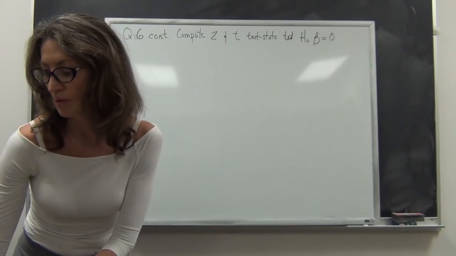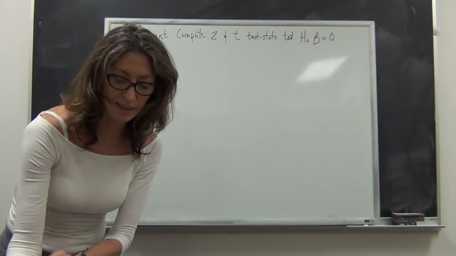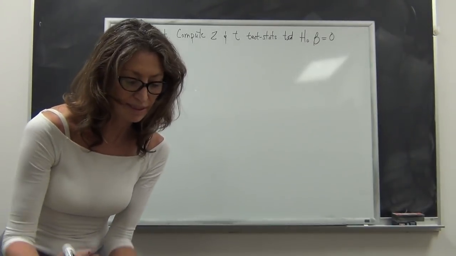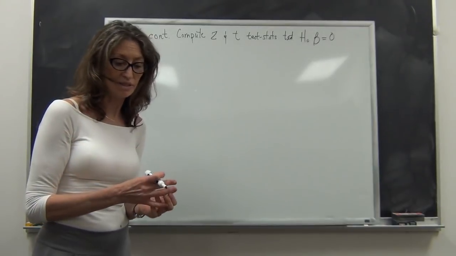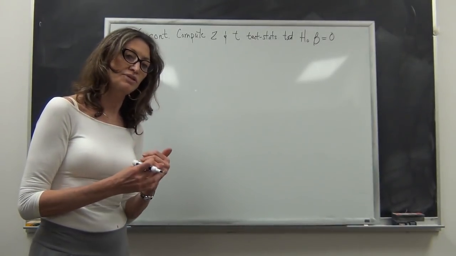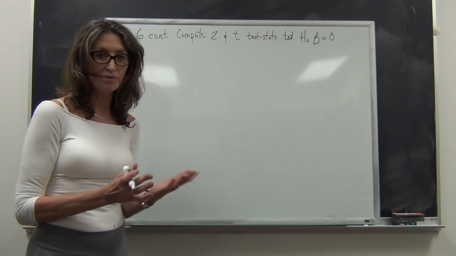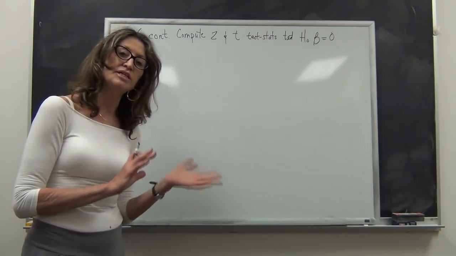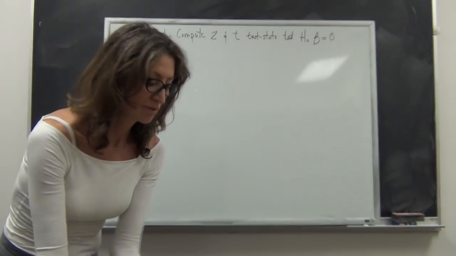Now, remember what we did before? What we did before was we saw that for the same confidence interval, the critical value of t is greater than the critical value of z. But now we're going to look at how the t-stat compares with the z-stat. So let's look at the formula.